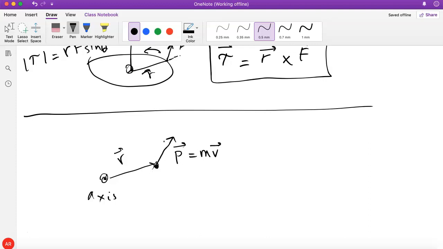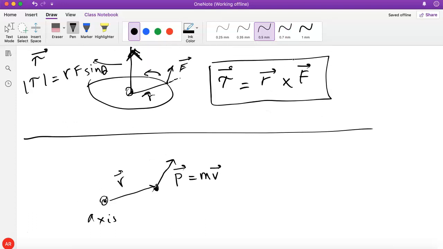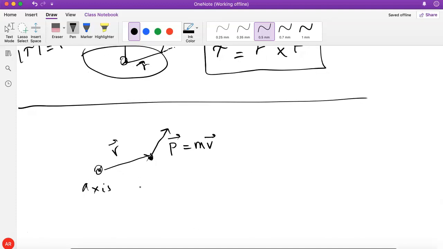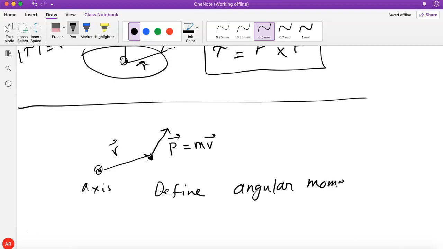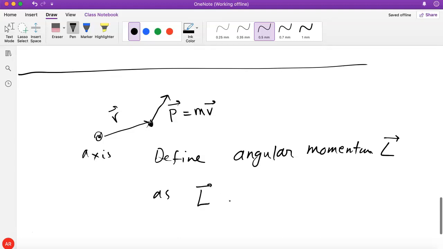So it has this in-plane momentum. Now, going from force, which was the linear thing, to torque, we multiplied that by r. So let me define angular momentum L as the cross product of r times p.